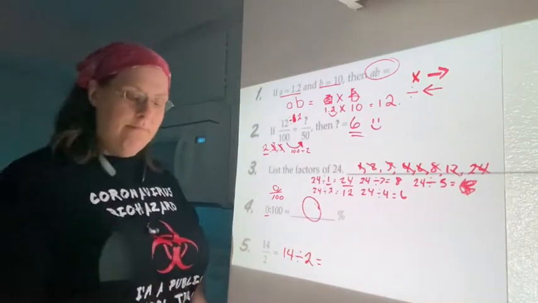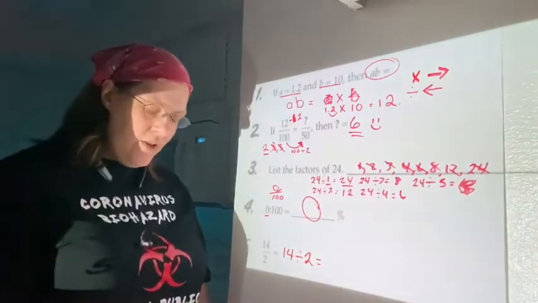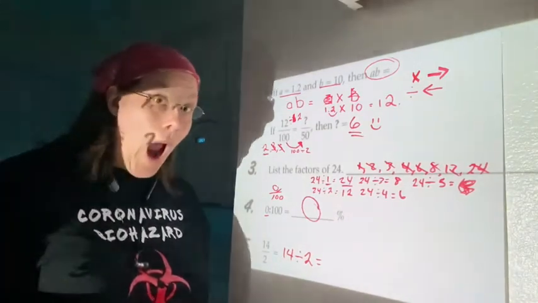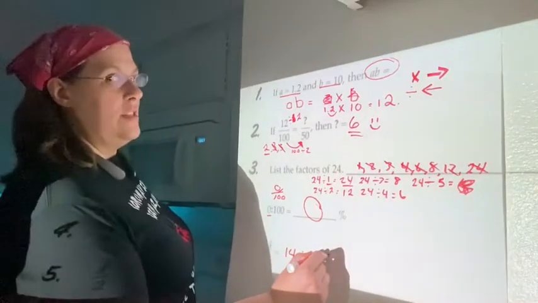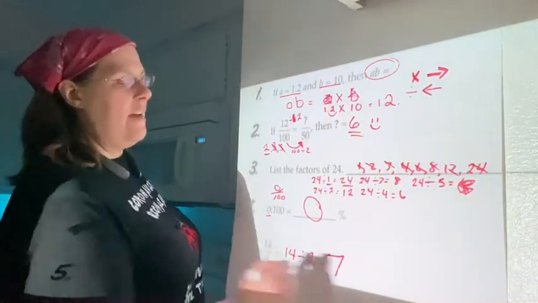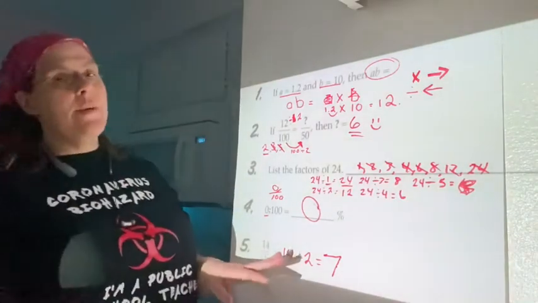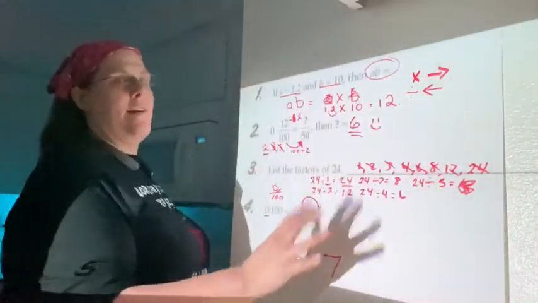That's it. So then you go ahead and you do 14 divided by 2 equals, say it, 7. So here we go. First 5, all done.